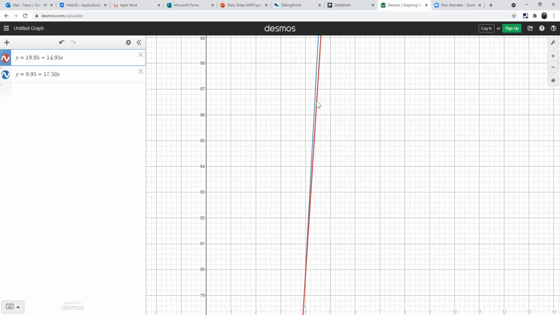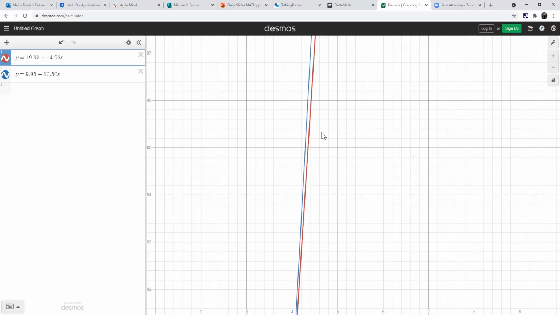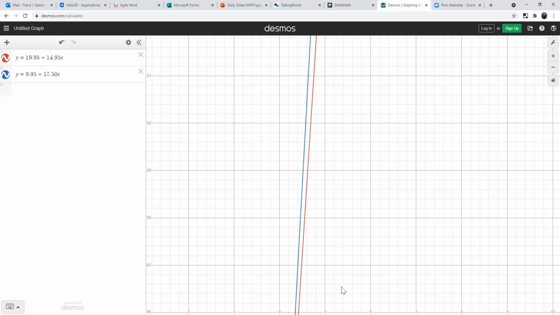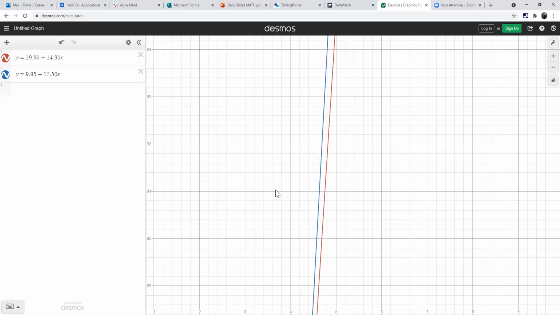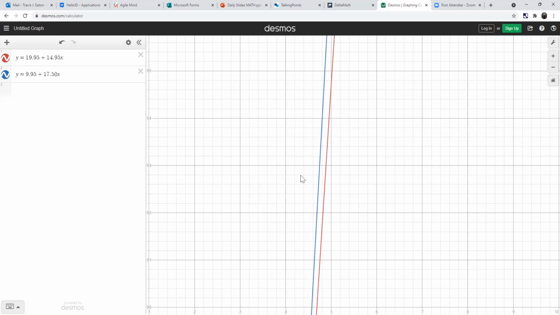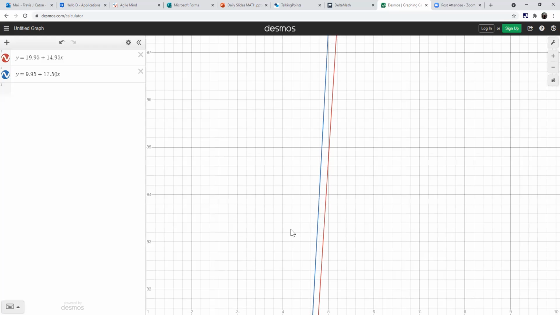Which line has a lower cost for the higher amount of data? Well, you can see here that the higher they go, the gap between the blue line, Cellberry, and the red line, Unitel, gets wider and wider. And which line would be lower on the graph? Well, that would be the Unitel line.